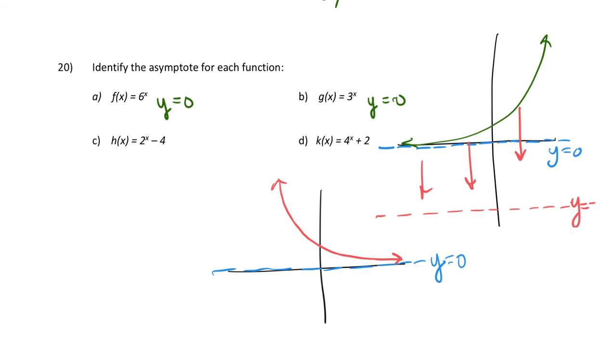And if we're shifting down 4 units, well, now our asymptote would be at y equals -4. Part D, we have k of x equals 4 to the x power plus 2 on the end, a vertical shift. If our whole graph is moving up 2 units, our asymptote is moving up 2 units as well. So now it's going to be at y equals +2.